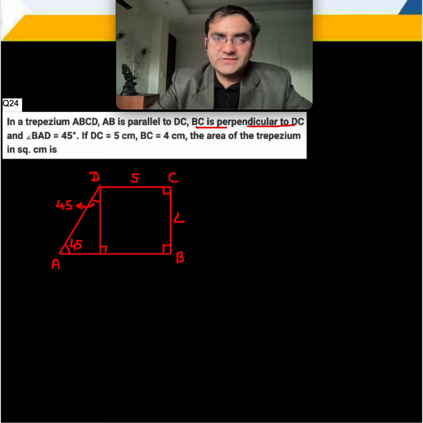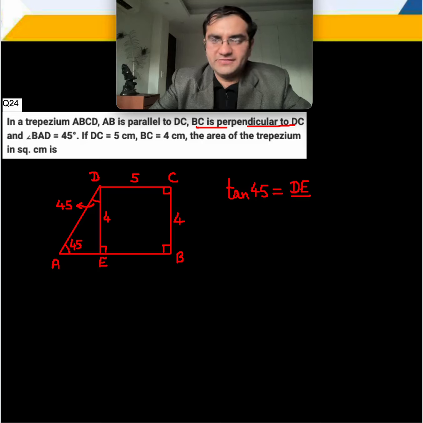DC is 5, BC is 4. So this side will also become 4, because a parallelogram is formed, and opposite sides are equal. So I will use tan 45 in this triangle, which is DE upon AE, and tan 45 is 1. So DE is equal to AE.